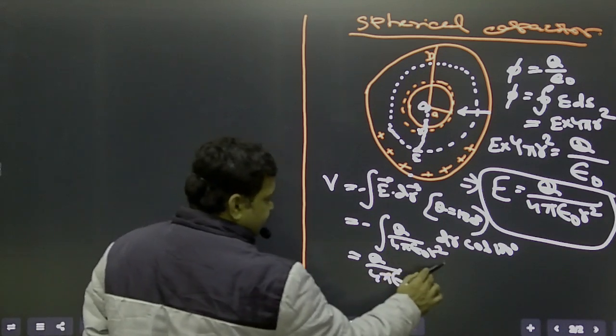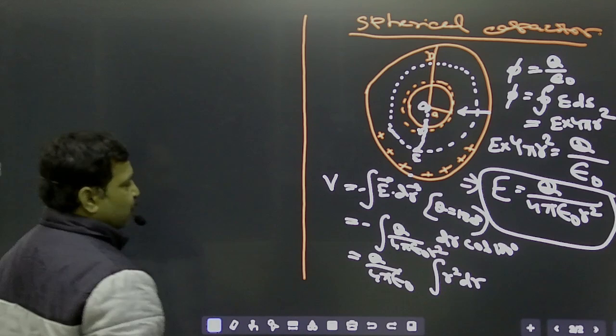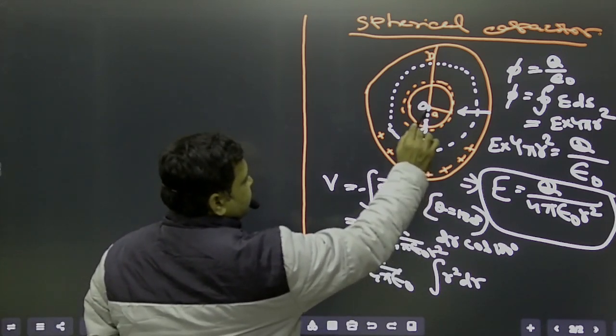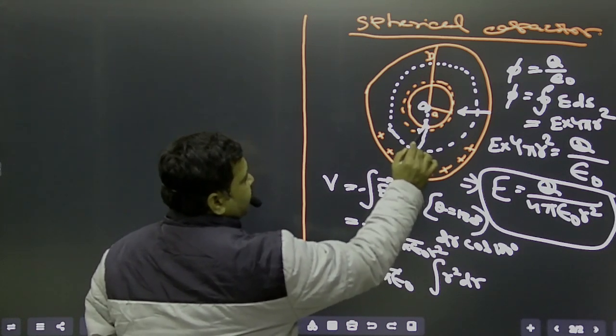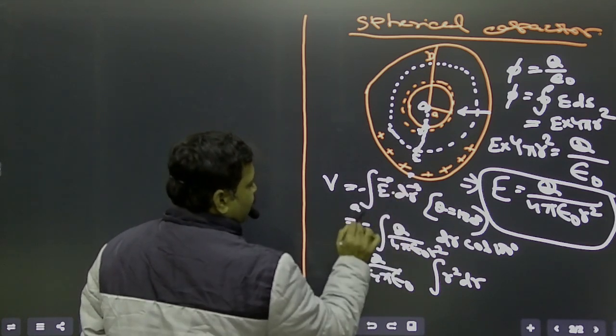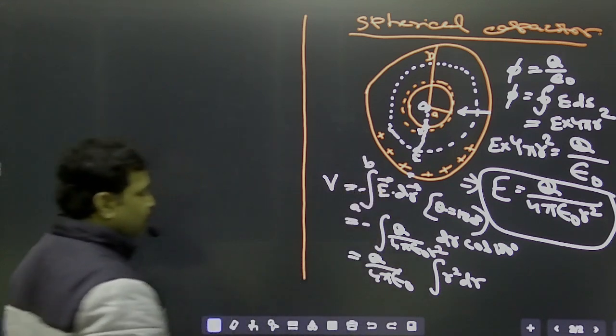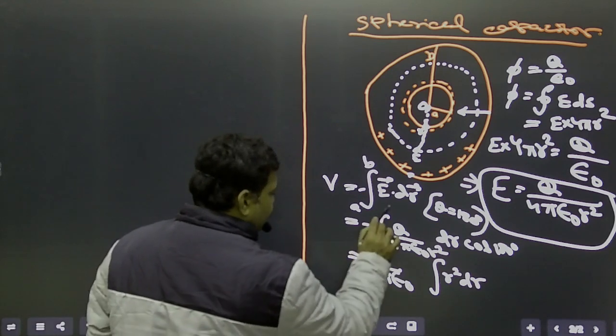The integrating term will be r square dr, and here we put the limits. The radius varies from the surface of the inner spherical shell to the surface of the outer spherical shell, so from A to B.